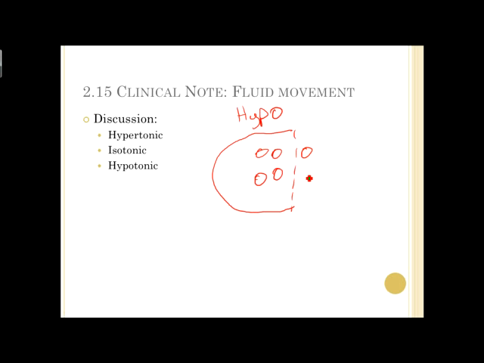And the answer is, like fluid everywhere else, from an area of higher concentration to an area of lower concentration. The fluid is going to move inside the cell. Let's just do this here. I'm going to erase this one more time and do a quick review on these.